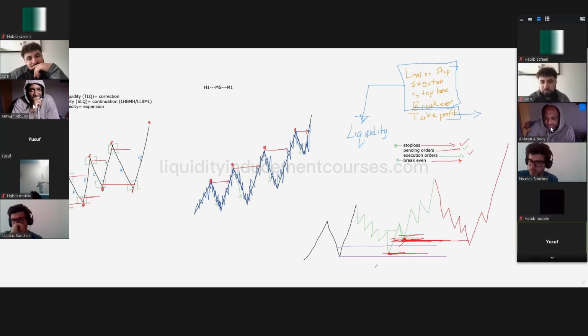Do you understand now? So you see here, the last low before the main low, structural liquidity taking.